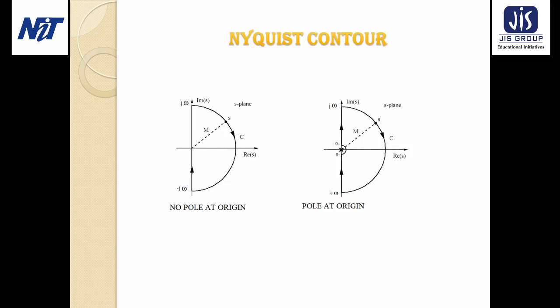So here section 1 is varying from 0 plus to plus infinity, and omega is varying from 0 plus to infinity, whereas section 2 remains the same as the previous contour. That means in section 2 omega is varying from plus infinity to minus infinity with a semicircular arc of infinite radius, and for mapping we will put s equal to limit r tends to infinity, r e to the power j theta, and theta is varying from plus pi by 2 to minus pi by 2.